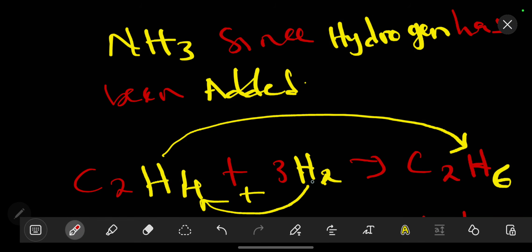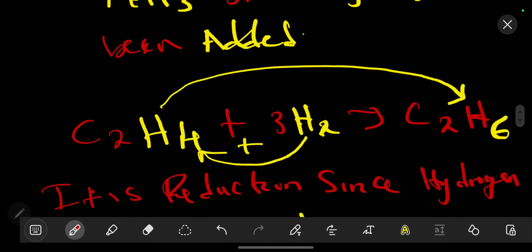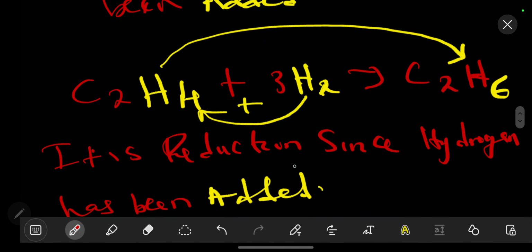Since hydrogen has been added, we can say that this is reduction, or rather ethene has been reduced to ethane since hydrogen has been added. So that is what we refer to as reduction.